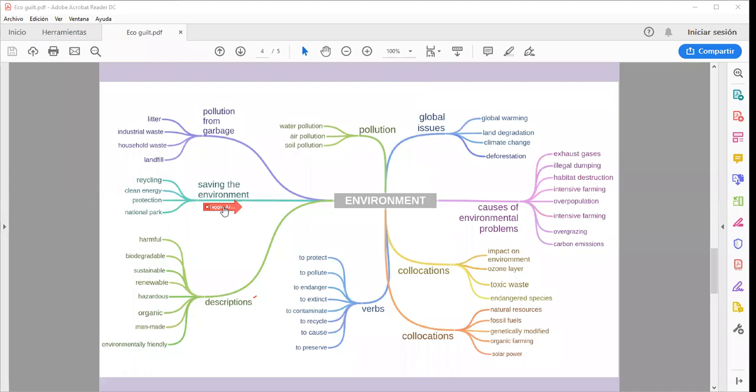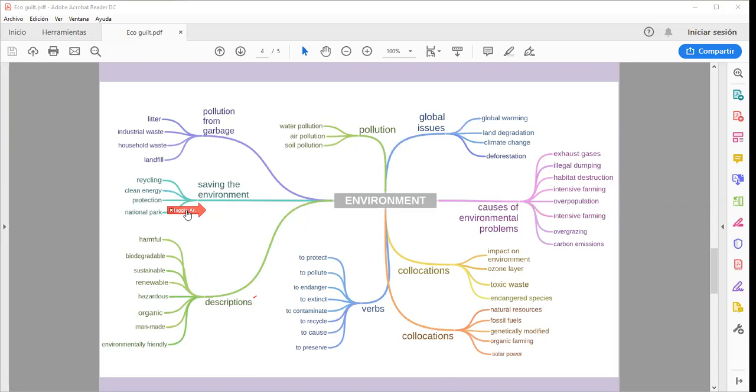So, Angel, could you help us reading about this one? What are the ways to save the environment? Saving the environment. Yes, please.